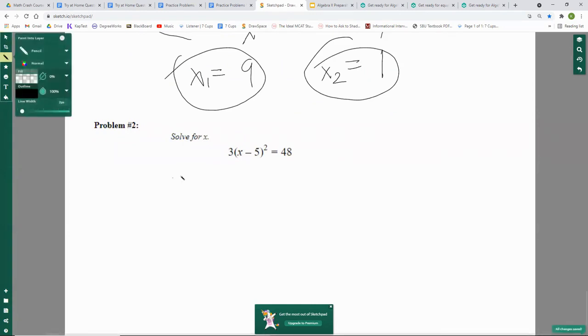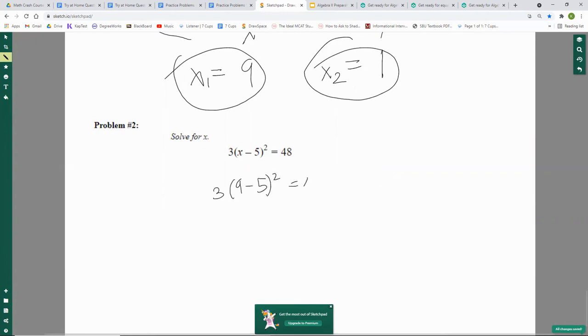We'll do quick substitution. For x1, we have 3 times, replacing x with 9, 9 minus 5 squared equals 48. 9 minus 5 is 4, so 3 times 4 squared equals 48.